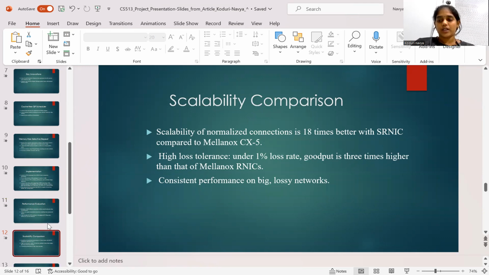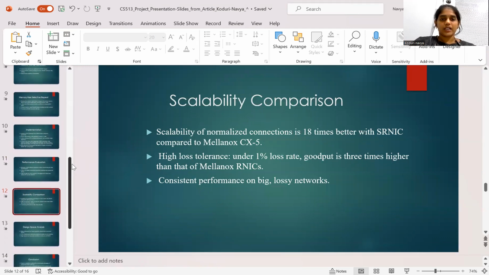Even though it works on large networks, it provides consistent performance with low latency and good throughput. These are the scalability comparisons.